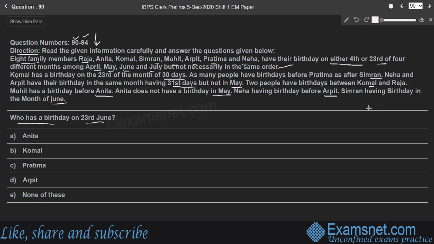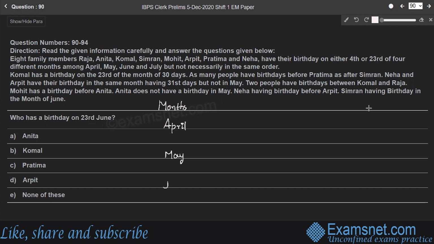So first we will write this information in the form of a table, in which I'll consider months. The months in which 8 family members were born are April, May, June and July.